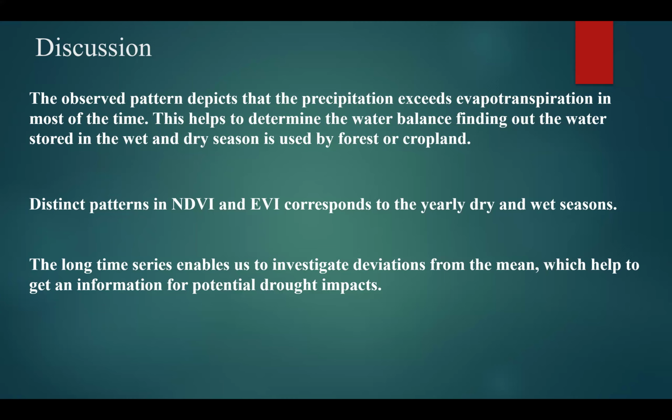I was using the 10-year data from 2010 to 2020. In order to be more precise and see whether there are any drought conditions in this watershed area in the long run, from past years, we need a longer time series, more than 10 years, where we could see the deviation from the mean in the patterns.